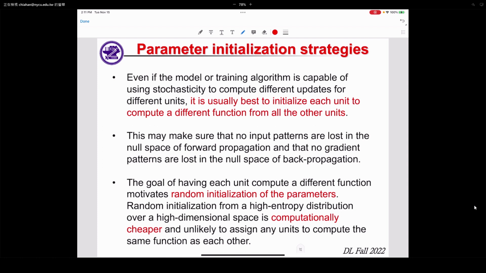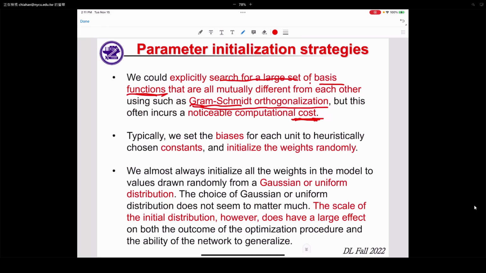That's why usually we use random initialization of parameters. We use random initialization hoping that eventually you still have comparable results to the real orthogonal ones, and it's much cheaper. But again, this is the idea: you don't need everything to be exact.